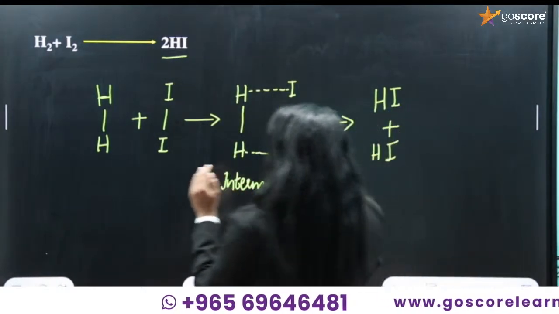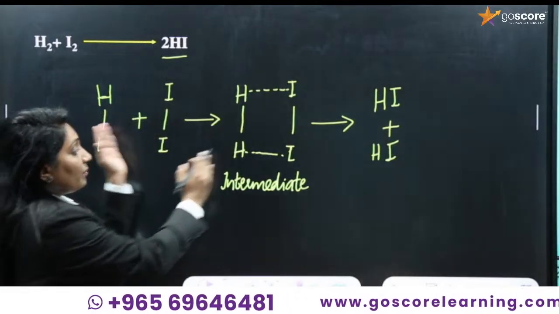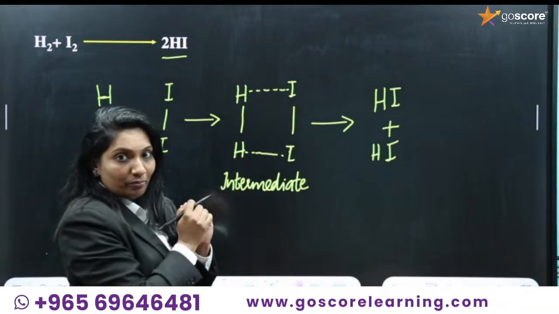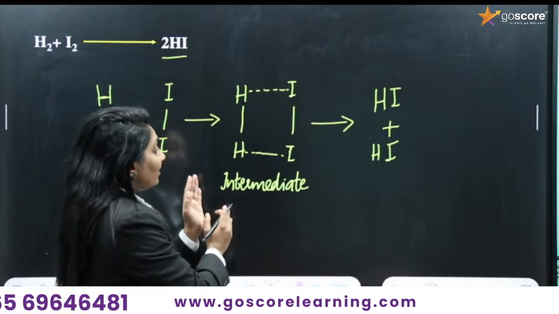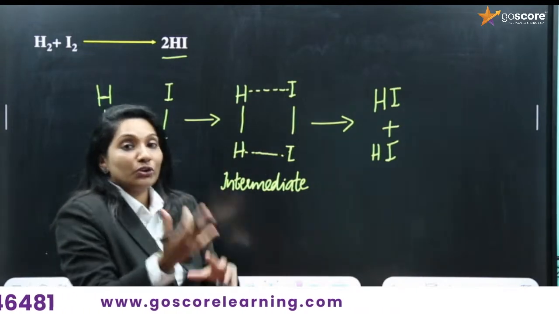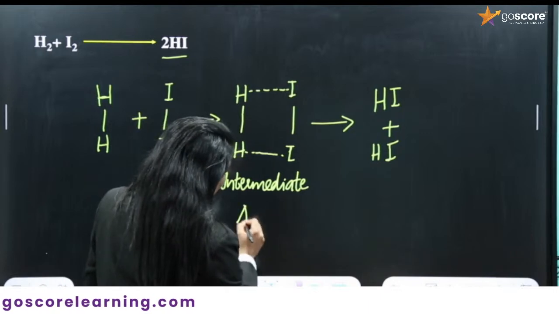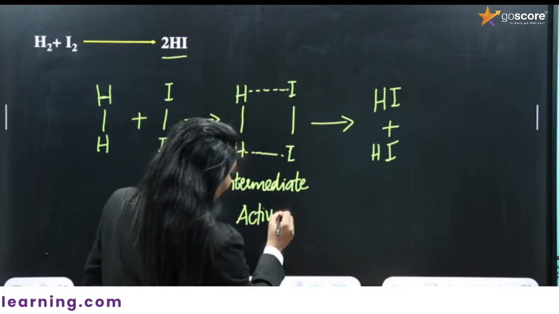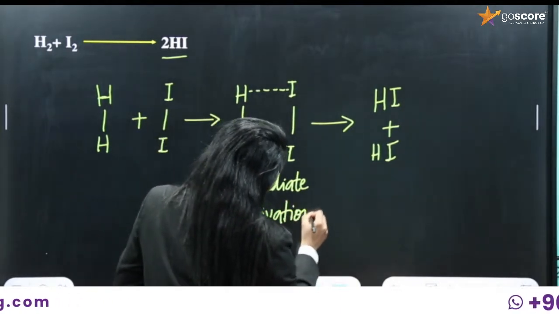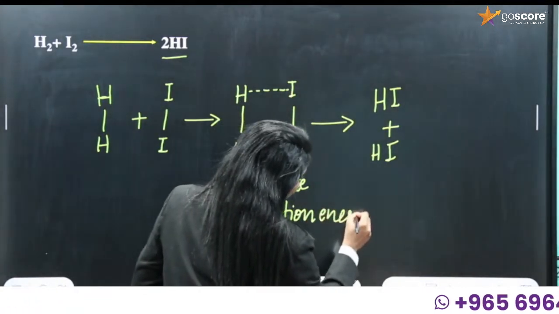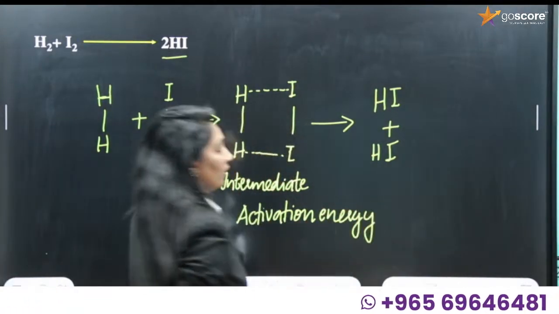Now see here, the reactant molecules combine to give an intermediate complex. So the energy required to produce this intermediate complex is what we call the activation energy. Right?